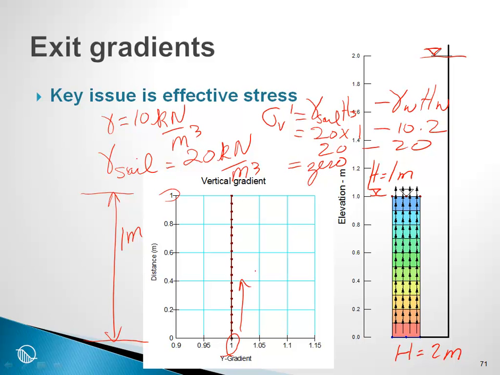So, stating this another way, if our vertical gradient approaches 1, what in essence is happening is that our effective stress is going to 0. And having a criteria that says I want an exit gradient that is less than 1, in essence, in a roundabout way, what we are really saying is we do not want the effective stress to go to 0.